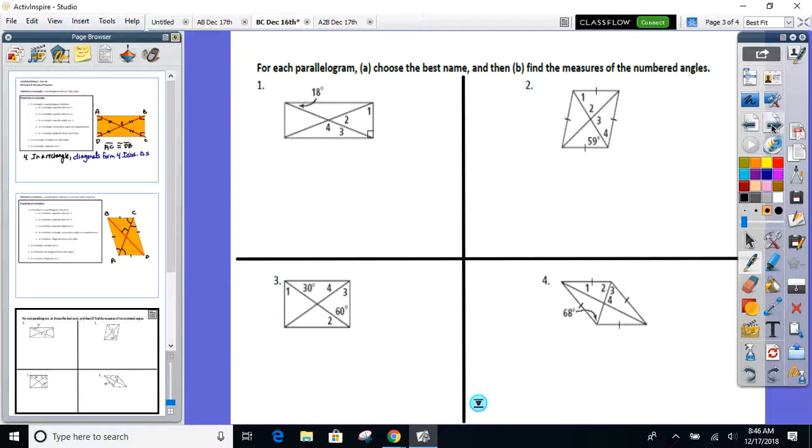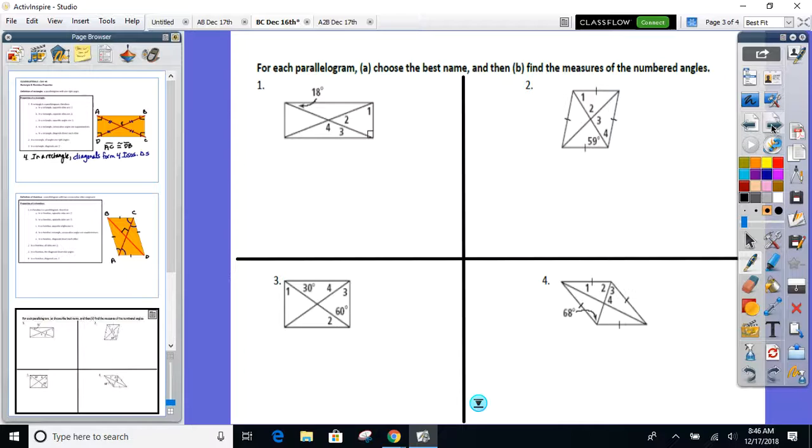I have four diagrams. Now take a look at the directions. That's huge, the first three words: for each parallelogram. So they're already a parallelogram. All four of these are already parallelograms. With the extra markings I put on, first of all, give me the best name for it, because you can probably go further than calling it a parallelogram now. So look at example one.